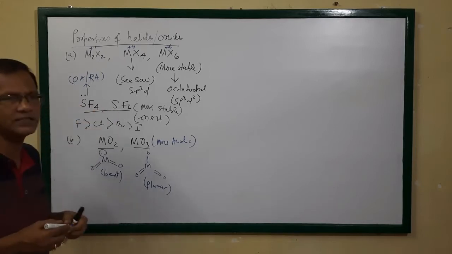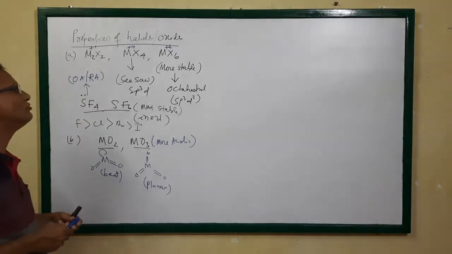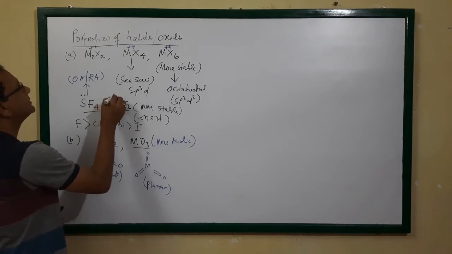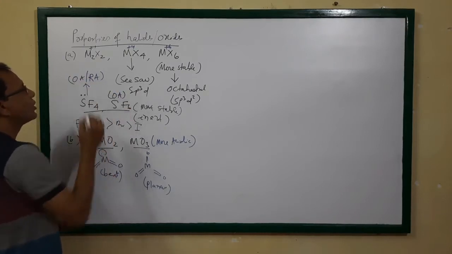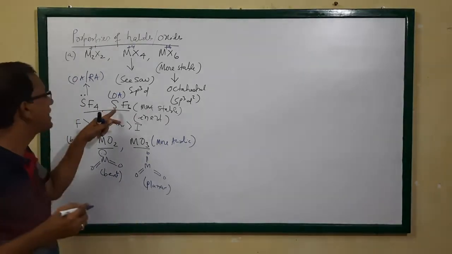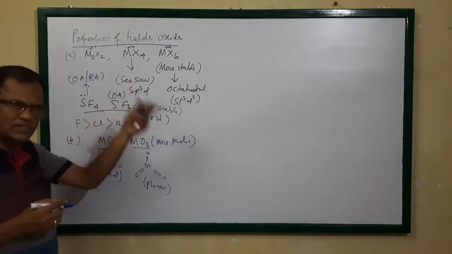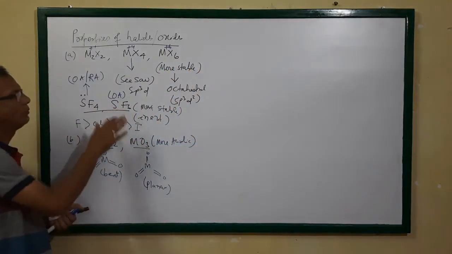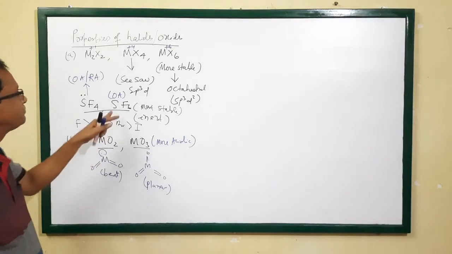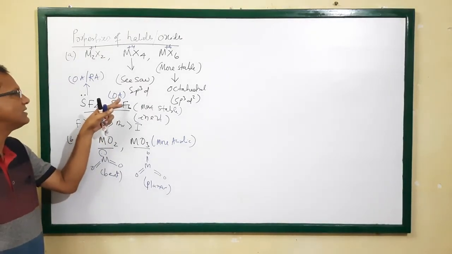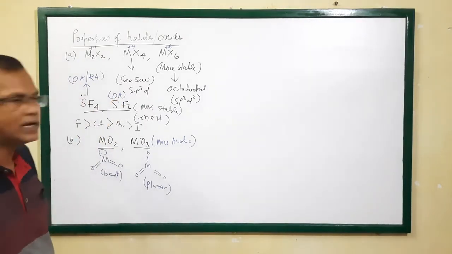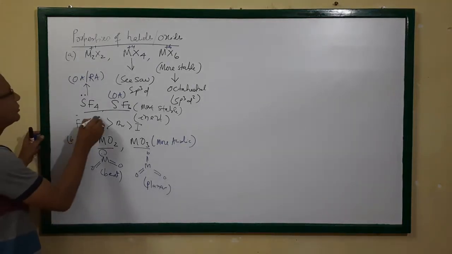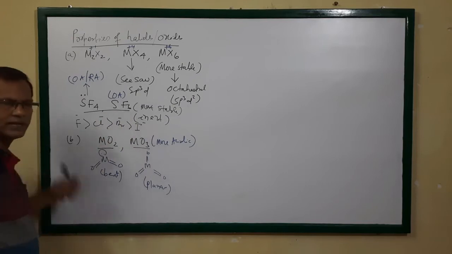But SF6 is always an oxidizing agent, because it is in the higher oxidation state, so it can be reduced. Only reduction is possible for SF6. And fluoride is more reactive than chloride, than bromide, than iodide, that is the reactivity order.